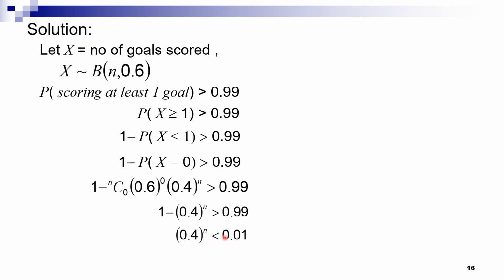Remember, when we divide with a negative value, your inequality changes direction. Now, taking log to base 10 on both sides, or you can take log to base e on both sides, you have n log 0.4 is less than log 0.01.